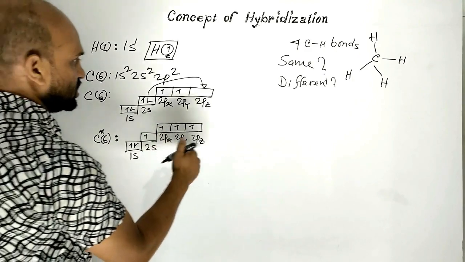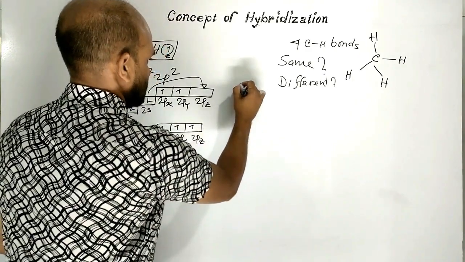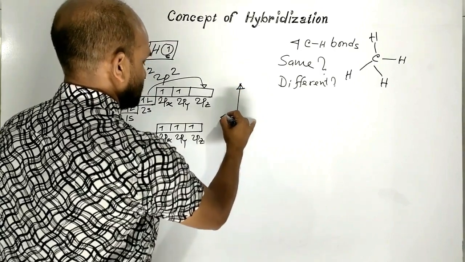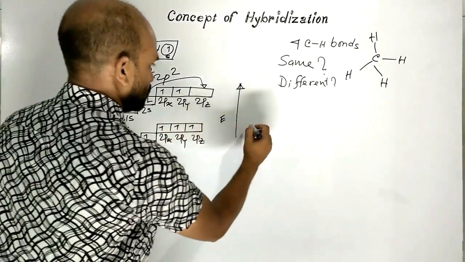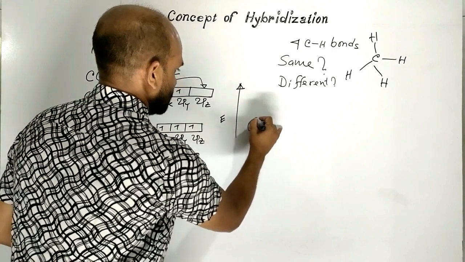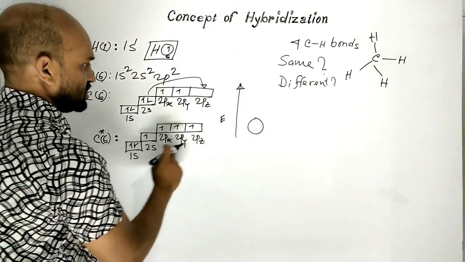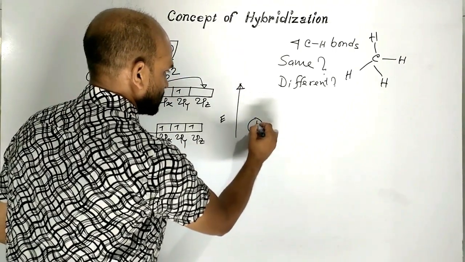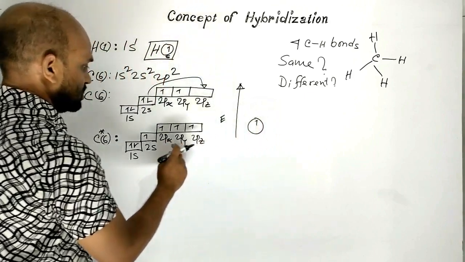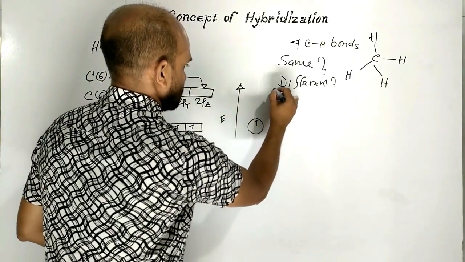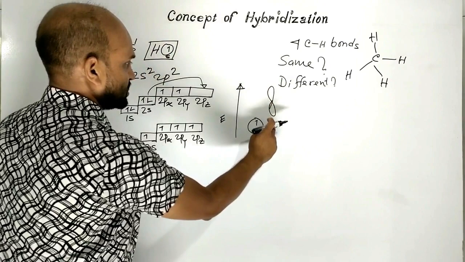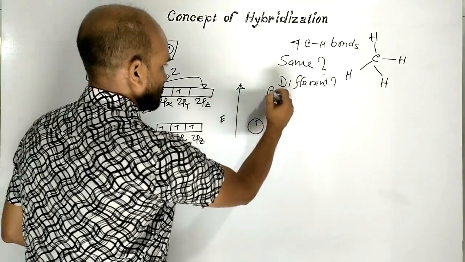Let us show this matter in this way. This is energy. Here is the 2s orbital. The s orbital is spherical in shape and contains one electron. Then the 2p orbitals, which are dumbbell in shape.